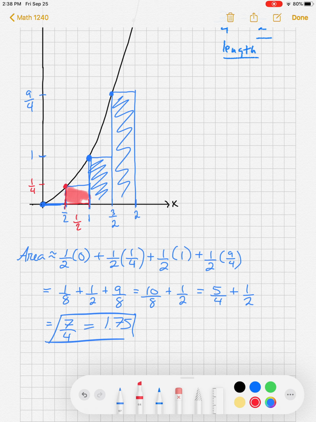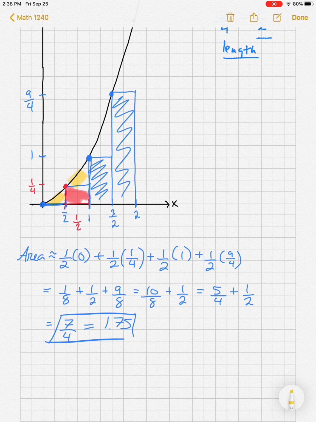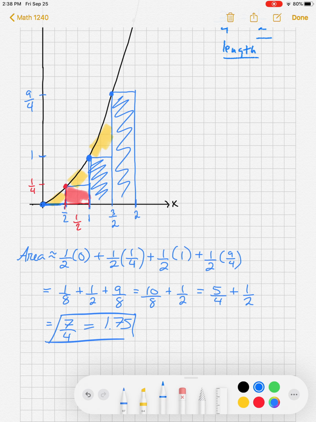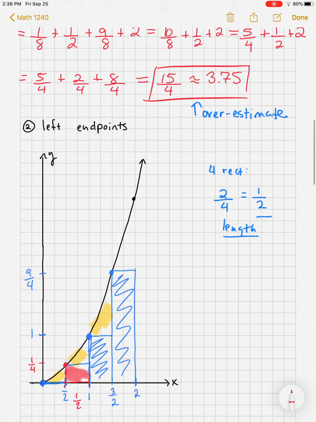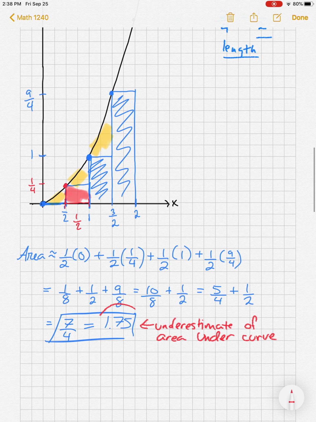So look at this one. In this case, I've left out all of this area. So I notice this guy is going to be then an underestimate of the area. So I guess that's kind of cool in the sense that, well, I know the real area then is going to be somewhere in between 3.75 and 1.75.